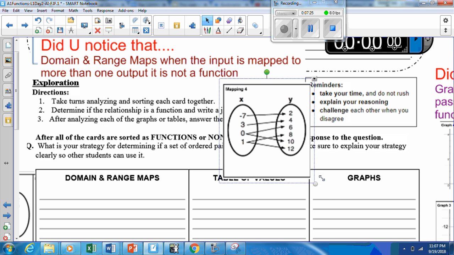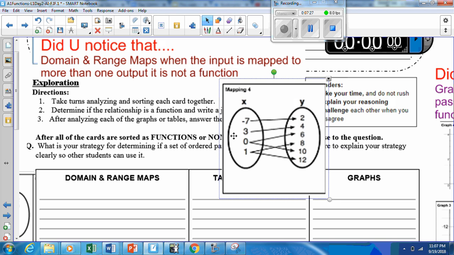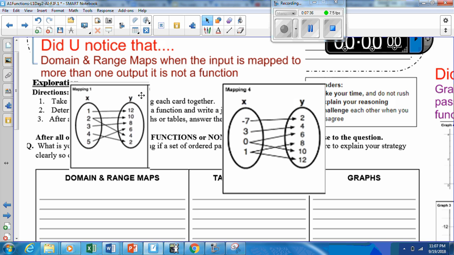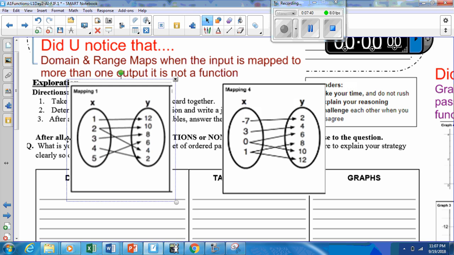As a result, we would say that that's not a function. Here, we see that 2 is mapped to 10 and 4, so that would make it not a function. Okay? So what would be some counterexamples then?